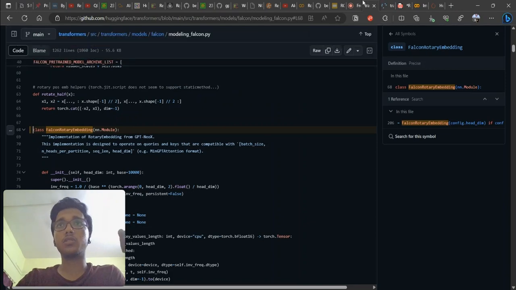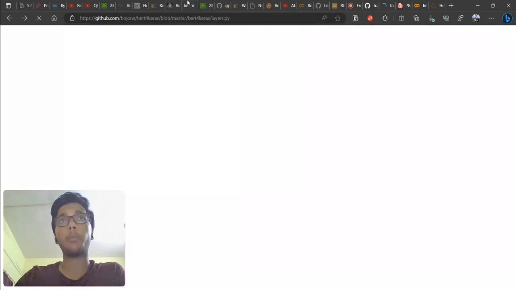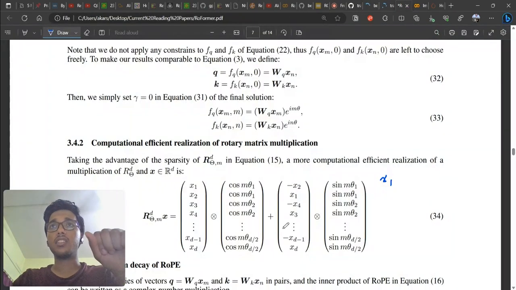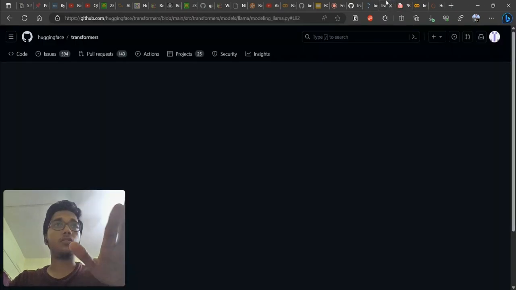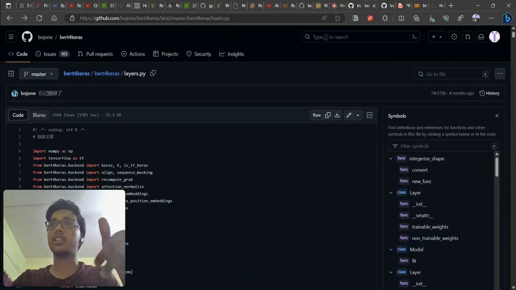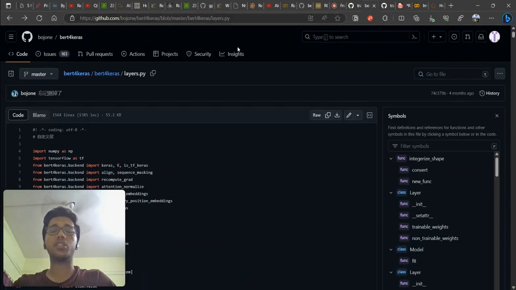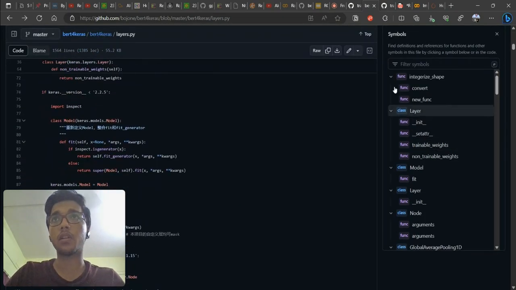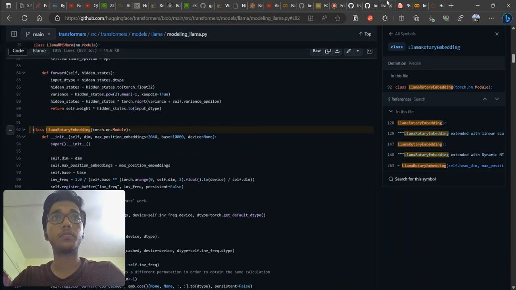That is how some of the other implementations have been done. I've been seeing many implementations, but the closest to this one is from BERT-style code. I think this comes from the official paper as such. So yeah, I think that is it.